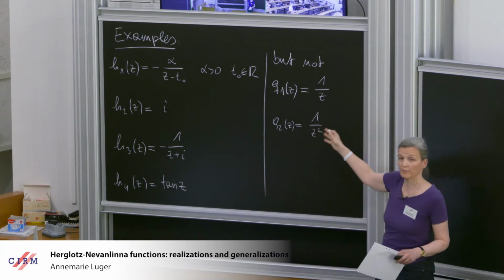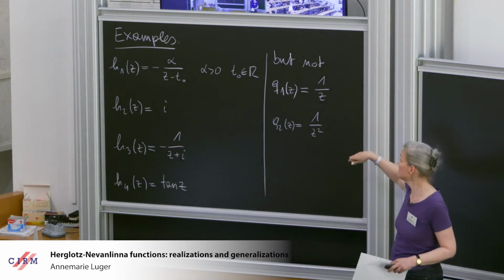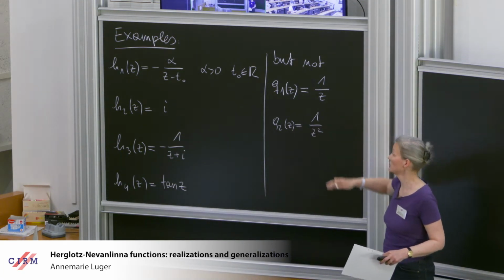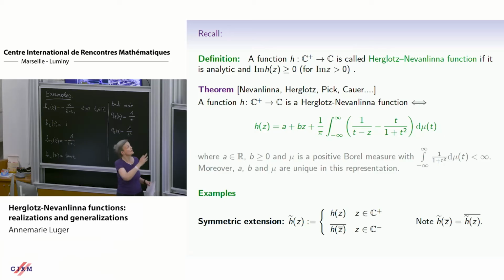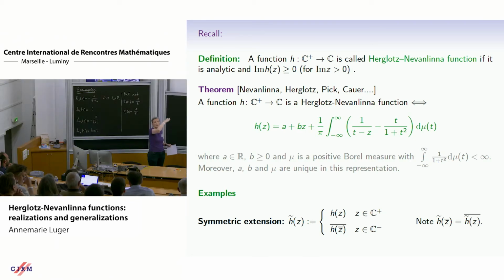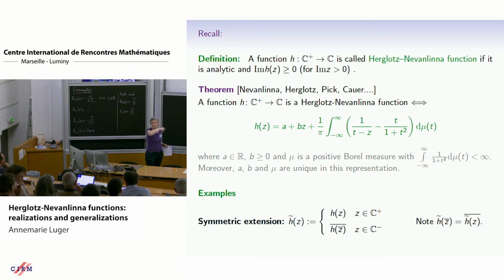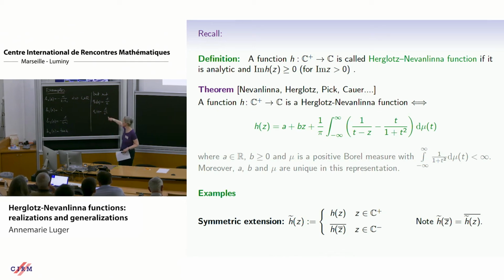Independently of whether I have plus or minus 1 over theta squared, this is not a Herglotz-Nevanlinna function. One can see this easily from the integral representation because there is this term 1 over t minus theta. So towards the real line, the singularity cannot be more than linear, at least not quadratic.